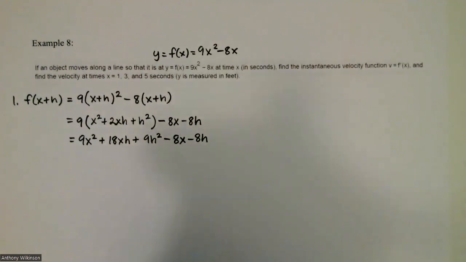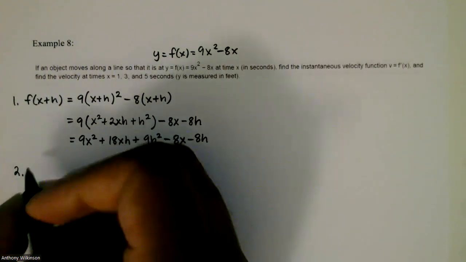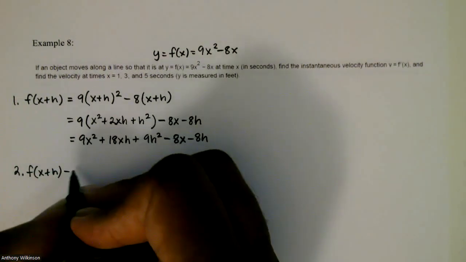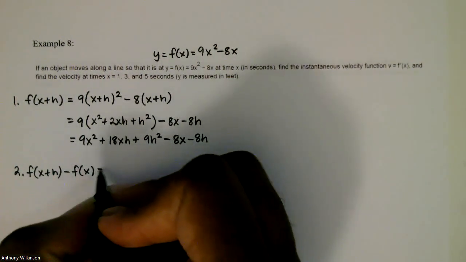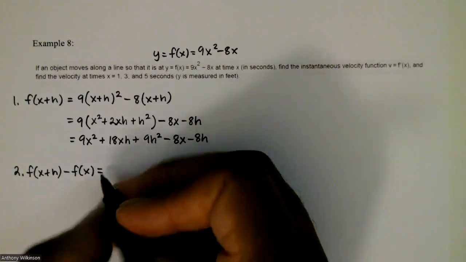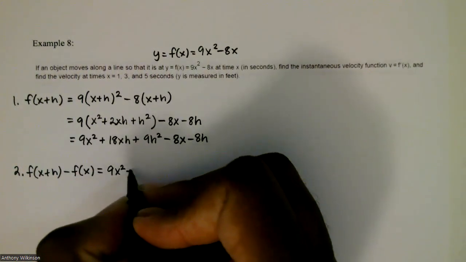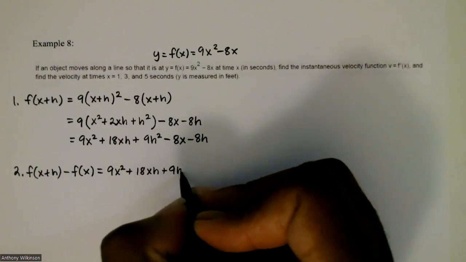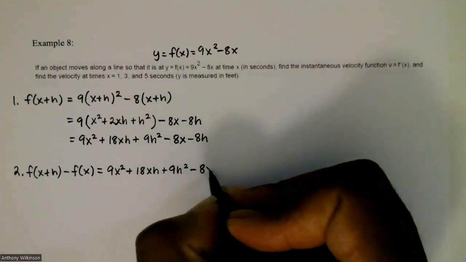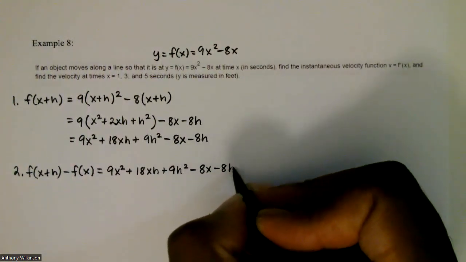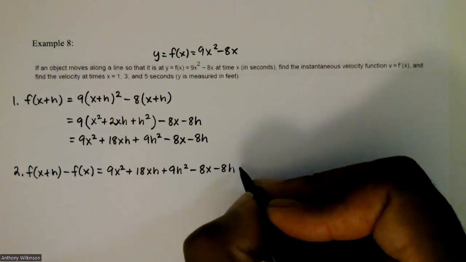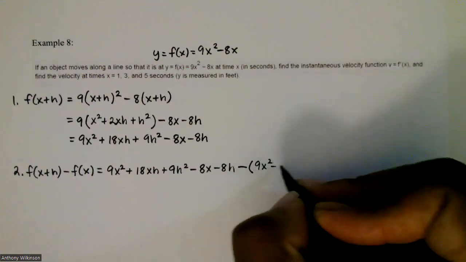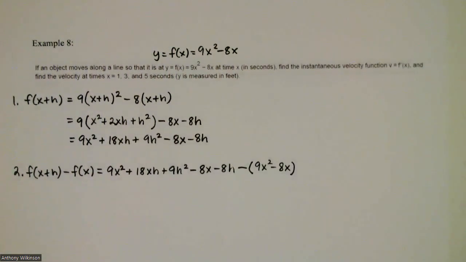Now, step number 2 is just subtracting f of x from it. So I have f of x plus h minus f of x. The f of x plus h was 9x squared plus 18xh plus 9h squared minus 8x minus 8h, and then minus the 9x squared minus 8x in parentheses.